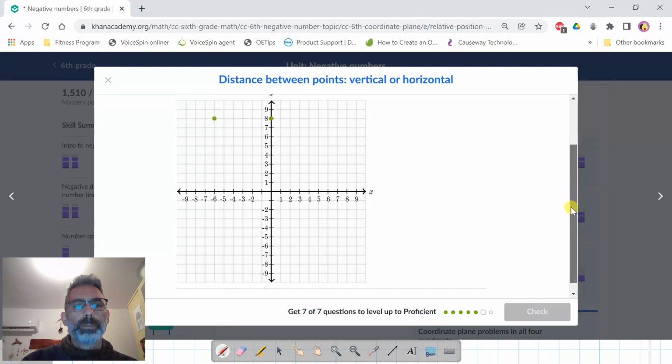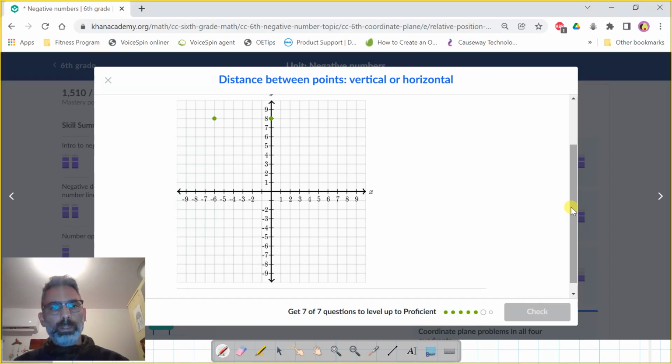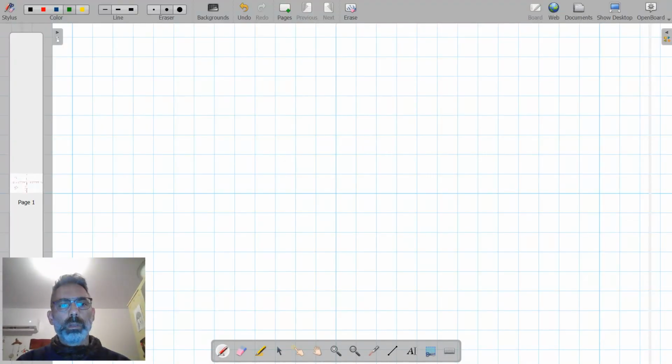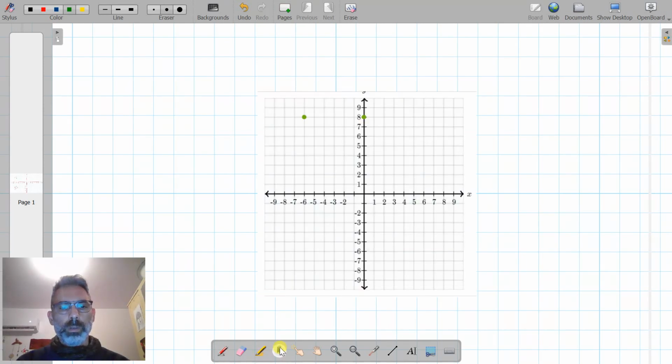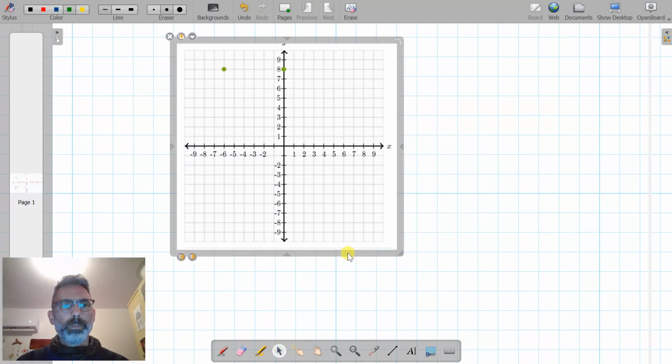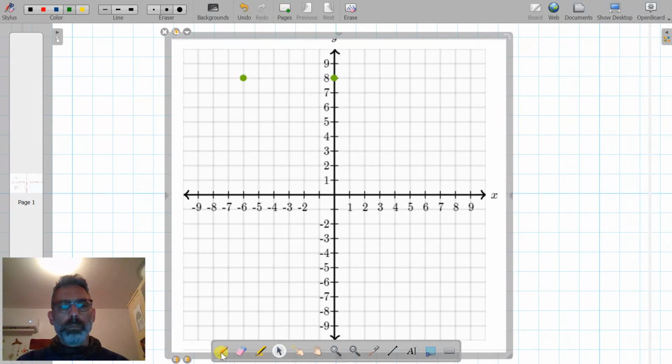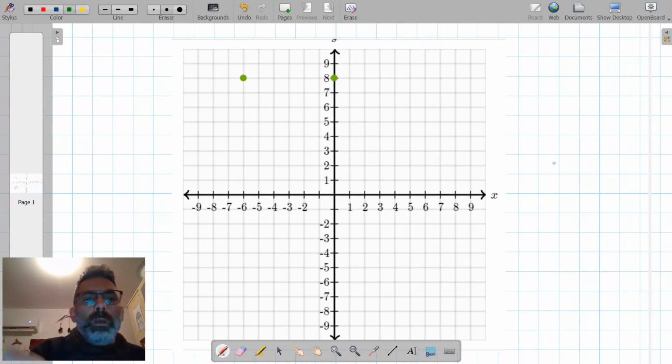Okay, so the distance is 6, you can see this. The distance is 1, 2, 3, 4, 5, 6. You can easily see this because this is the 0.